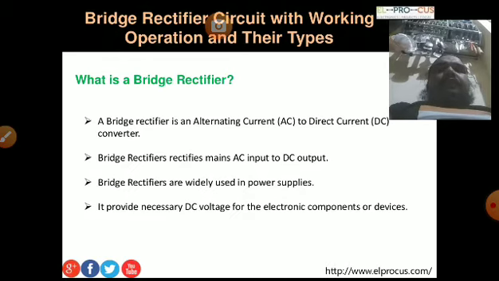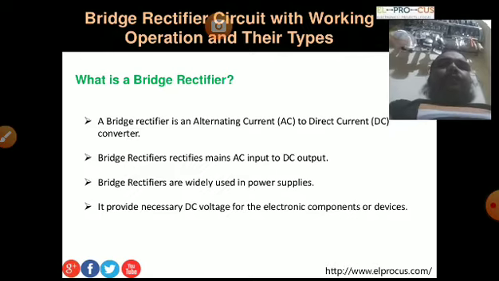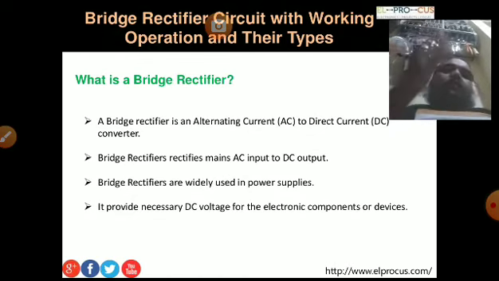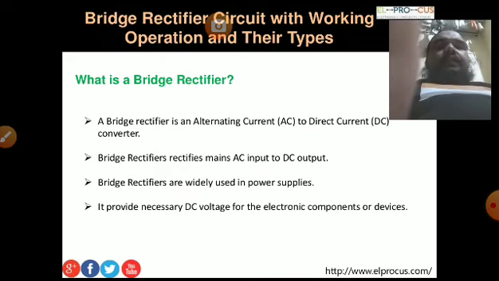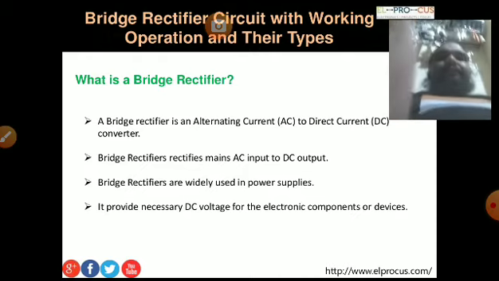Bridge rectifier means AC input to DC output.